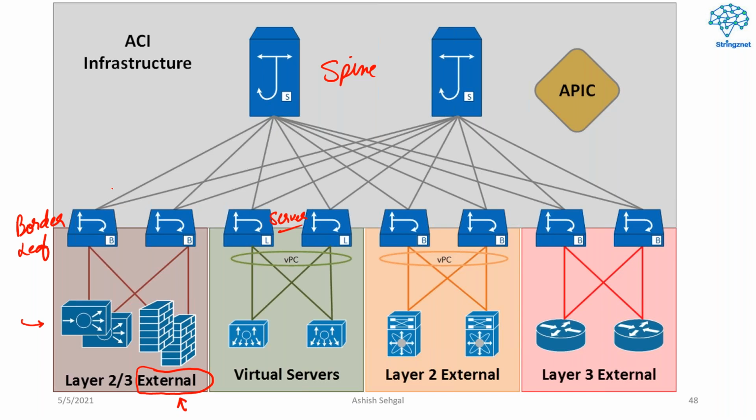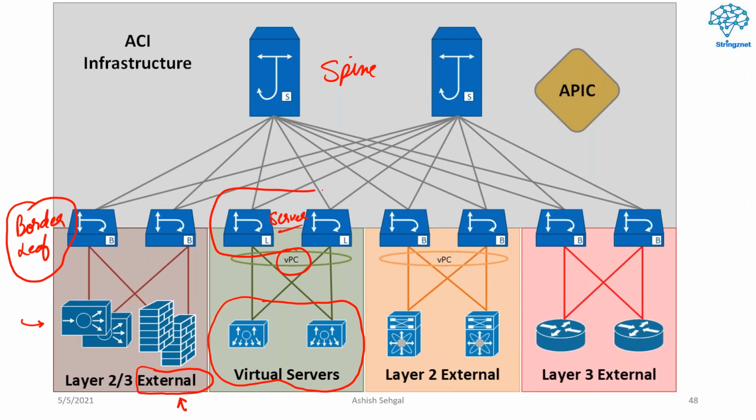So leaf switches which help us connect to the non-ACI fabric devices are known as border leaf switches. The leaf switches which help us connect to the servers are called server leaves. Of course, there is a VPC which we form.